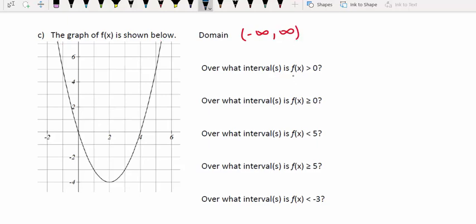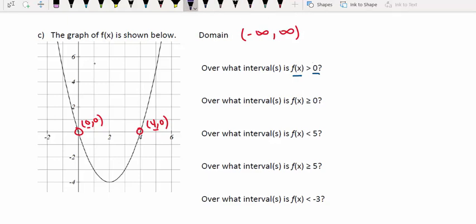The next part asks, where is the function strictly greater than 0? So to identify where they are greater than 0, I first identify where they're equal to 0, but I'm not going to include them because there's no line here. And it looks like my x-intercepts here are at (0, 0) and at (4, 0). So when x is 0 and when x is 4, we get y values that are 0. But we want where the graph is strictly bigger than 0.